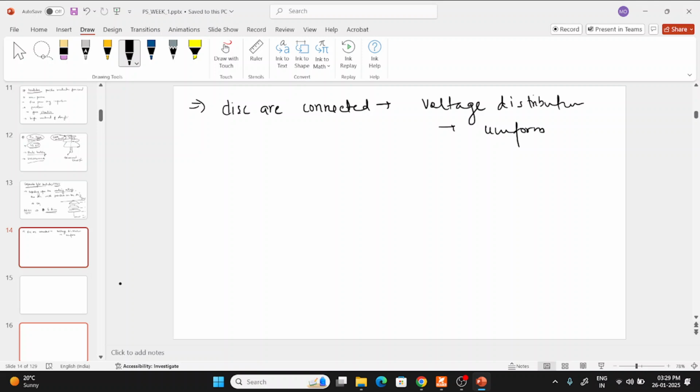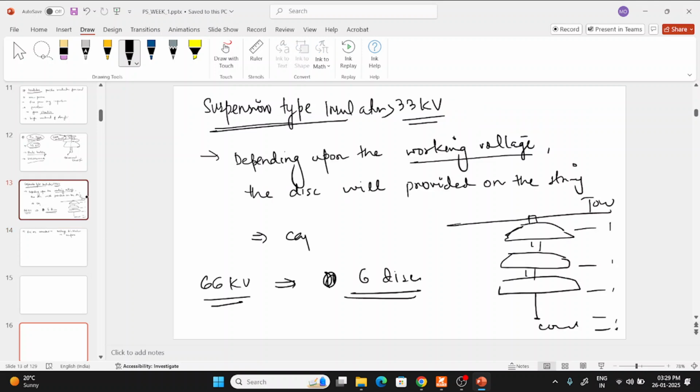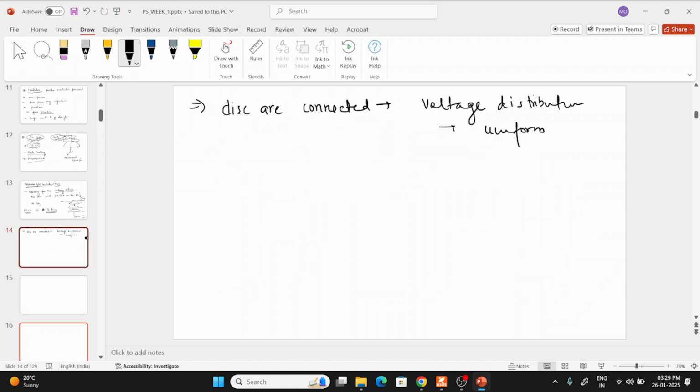The reason is that there will be a capacitance in between these discs. I will draw it like here. There will be a capacitance, so due to this capacitance the distribution will not be the same.